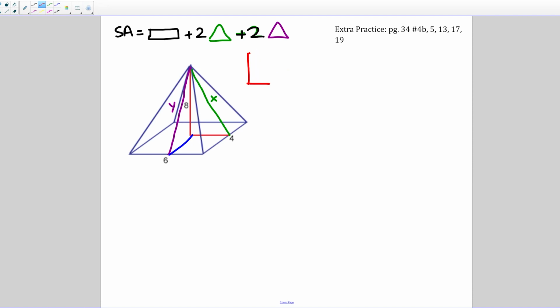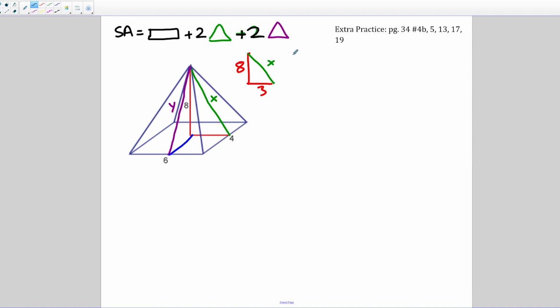I've got that red height there and the red across the bottom. And then let's label the x there as my green side. This 8 has to go along that vertical leg. And then across the bottom, if we're looking at it starting from the middle, going out to the right, this entire length would be 6. So that means that this red line would actually be half of this 6, meaning that it would be 3.